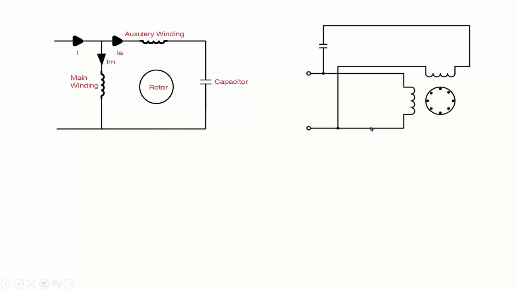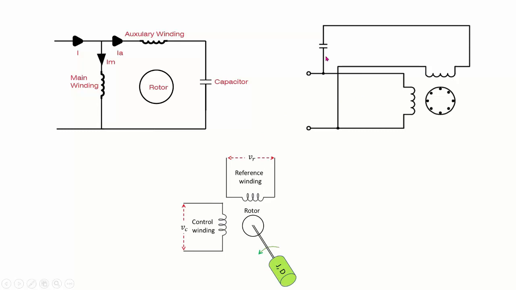Now, since I am talking about a two-phase induction motor, suppose I have the same windings, but instead of giving a single supply, I give two supplies separately to both windings. So instead of providing a capacitor, I give one supply VC, and the other supply VR should be 90 degrees shifted from VC. So this is how again I produce a rotating magnetic field around the rotor.